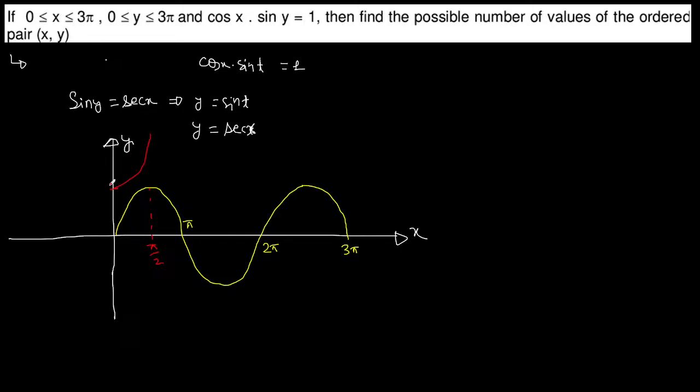This is going always like this. So at pi by 2 plus it will go like minus infinity, if you remember the graph.